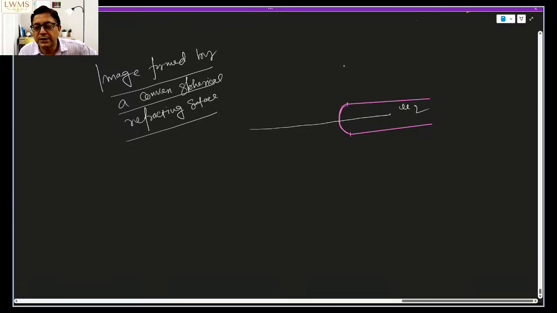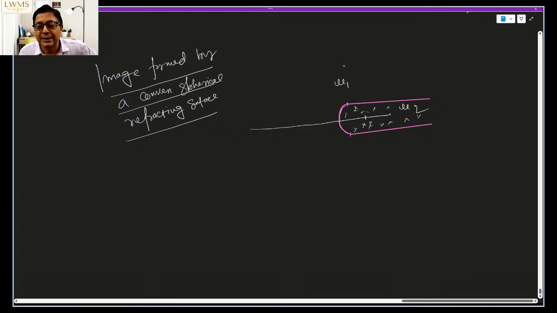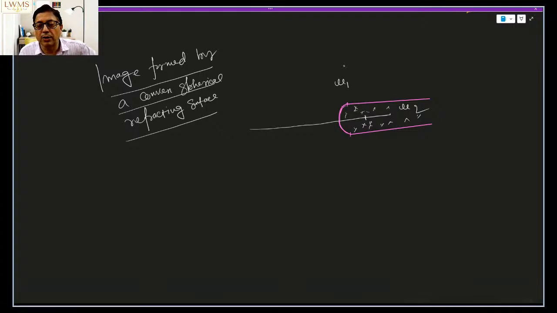This has refractive index mu2. The surrounding has a refractive index mu1. This is the center of curvature of the sphere, C.